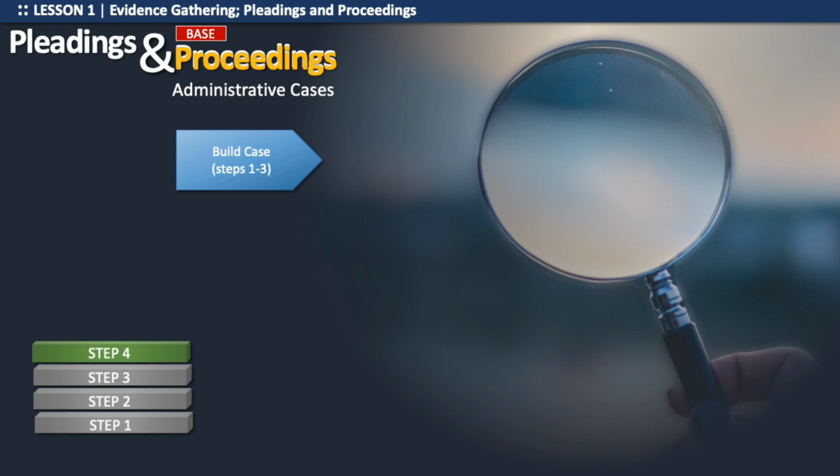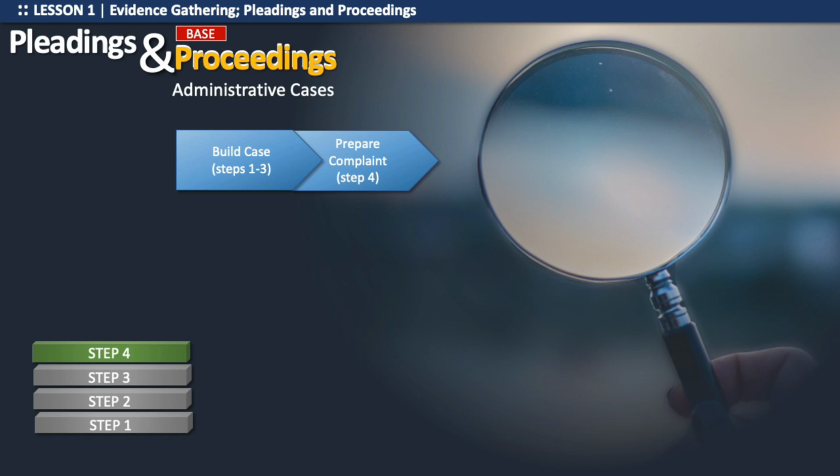So now, step 4, you should be at a point where you have the evidence that you need and you're ready to take that step of preparing the instruments. Okay? So, step 4. And the primary instrument that you would be preparing is a complaint. Okay, that is the instrument that commences the administrative case.